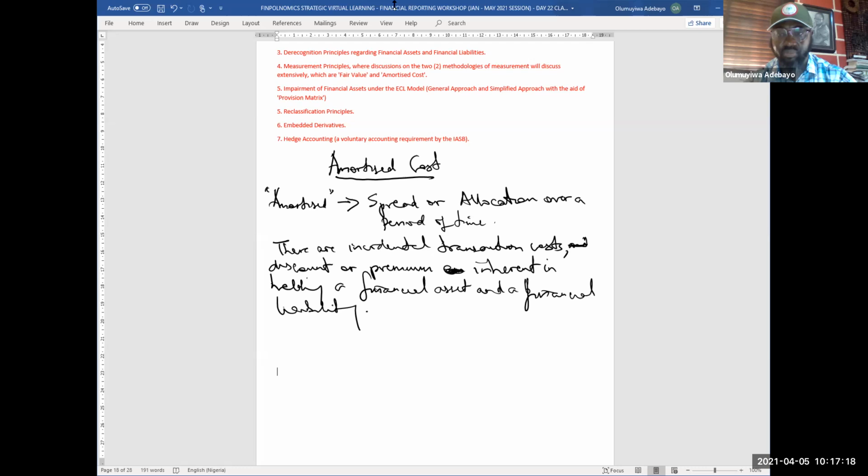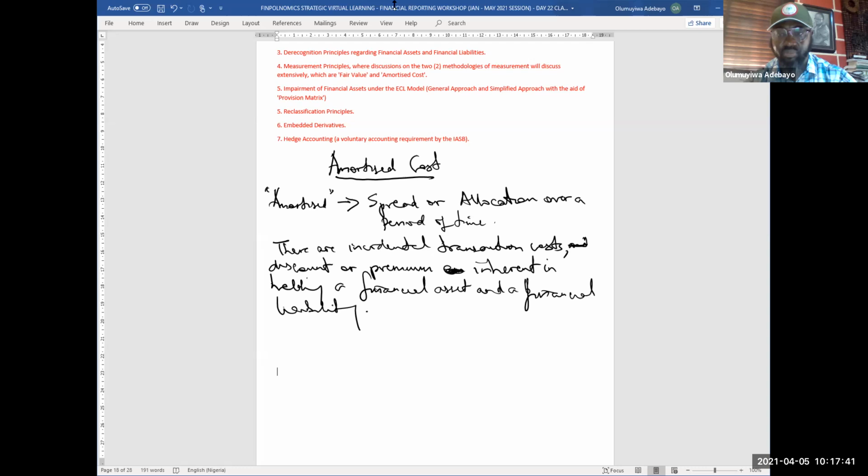Or I bought a bond at a premium. A bond with face value of $1 million, I bought it for $1,020,000. The $20,000, which I paid in excess, should I treat it as a loss or a charge in the first year in which I took over the bond?